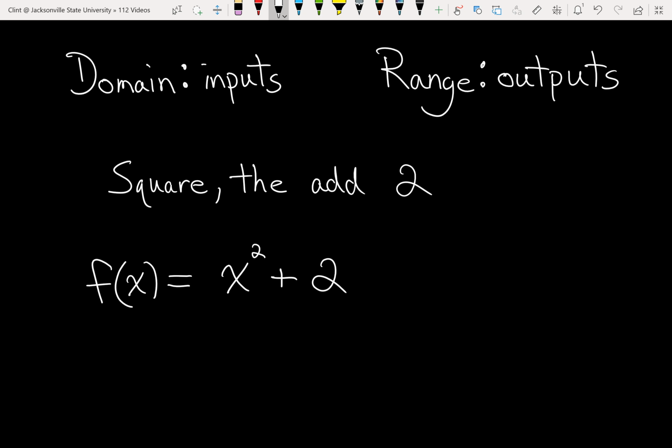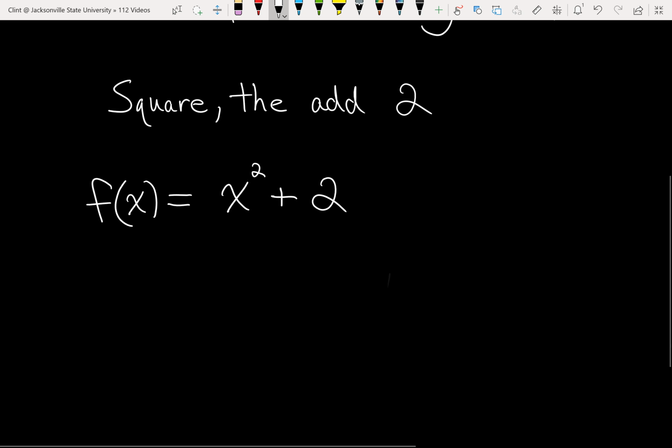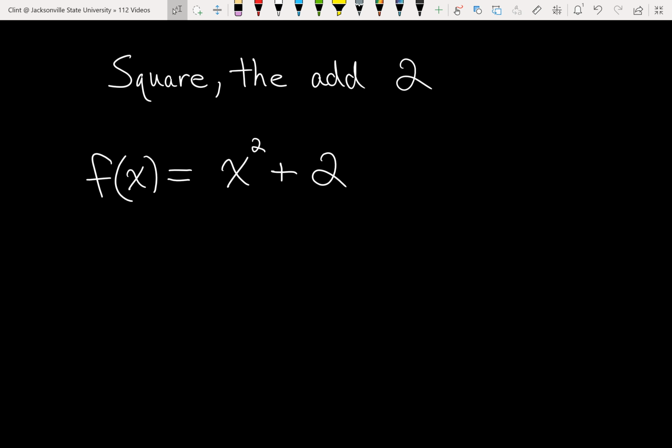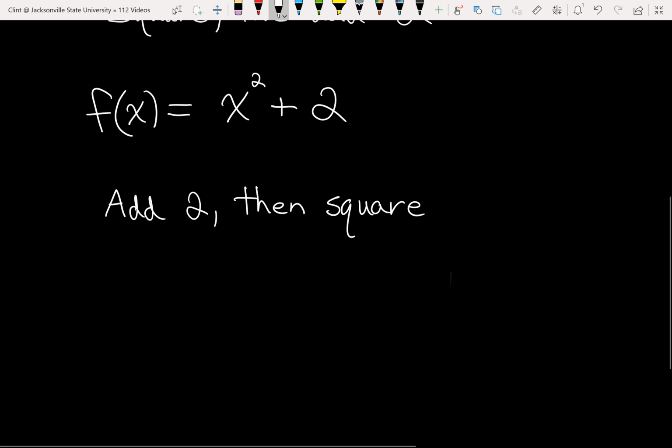And the order does matter. You want to make sure you follow the order on these things, because if we switch the order, if we said we're going to add 2 to our number and then square, that's going to give us a different function.